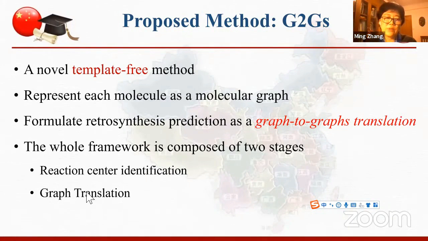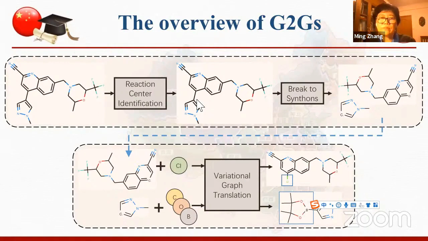One is reaction center identification, and then the second one is graph translation. So first of all, we need to identify the reaction center, which is very important. So the overview structure of the G2Gs model is in this way.